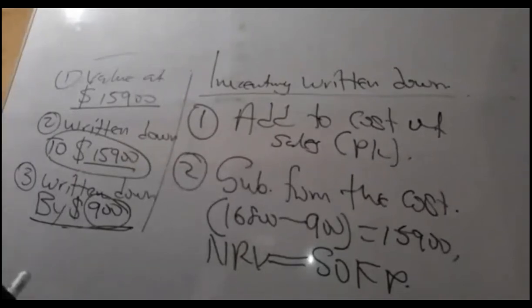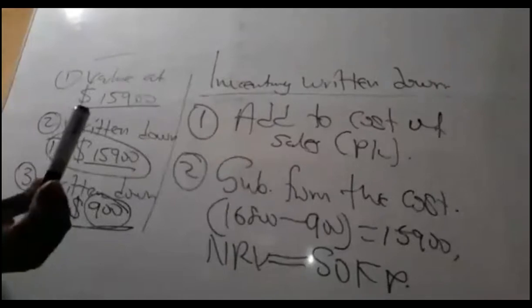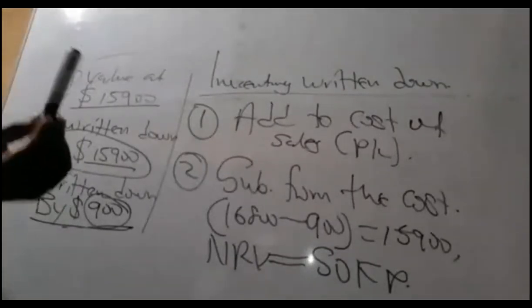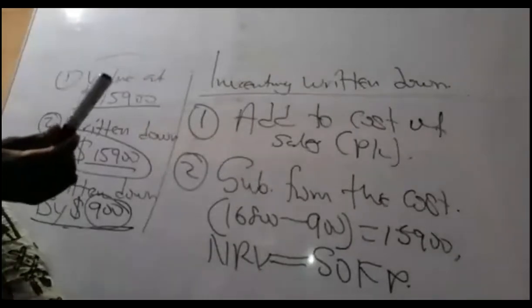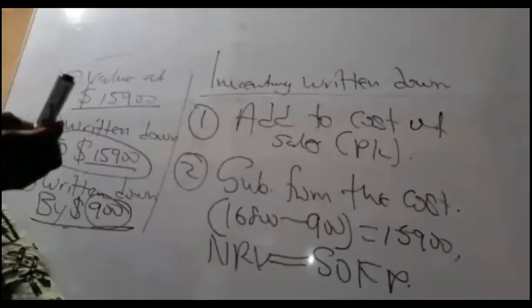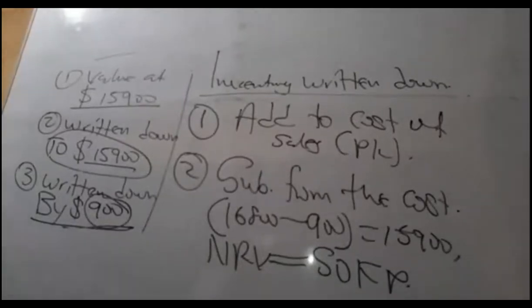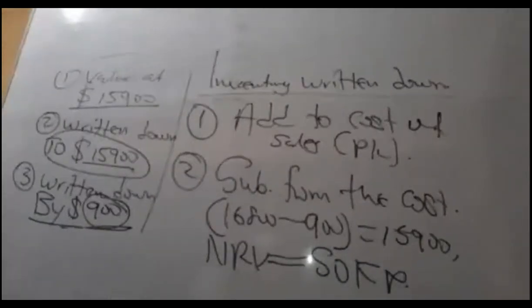So what will happen before this marker that I'm holding, if the cost is 80 pesos, that will let me arrive at what? The NRV will be lower than the cost.